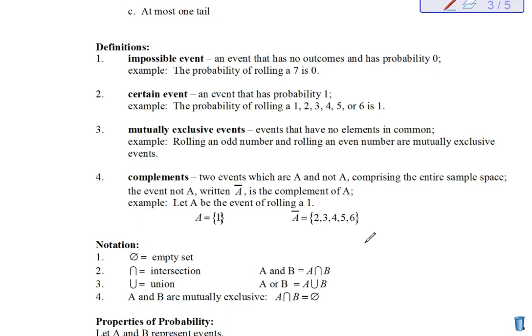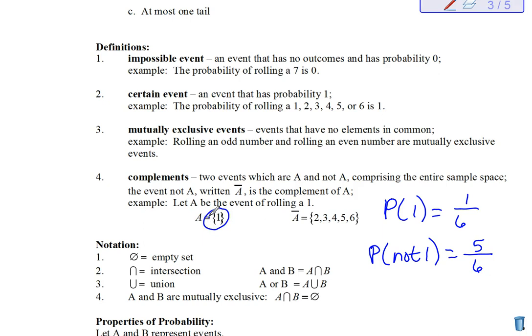Another thing that you could say is, if I wanted to actually do the probability, rolling a 1 is 1/6. The probability of rolling not 1 would be 5/6. So here there is one outcome out of 6 total outcomes on a die.